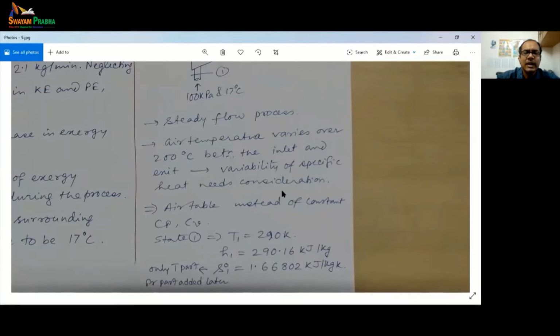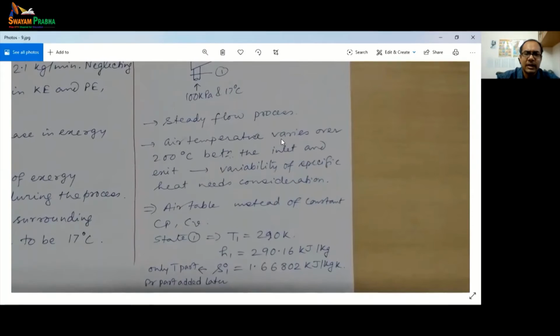There is an ideal gas table for air and other gases also, and here we are going to use it. You will find it in the appendix of any book. So we'll use the air table instead of using constant Cp and Cv specific heats.